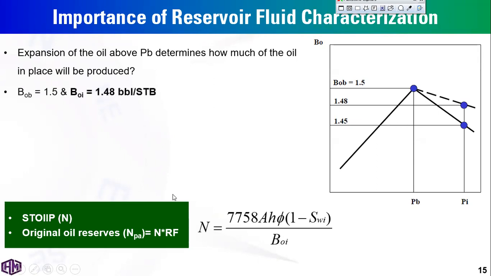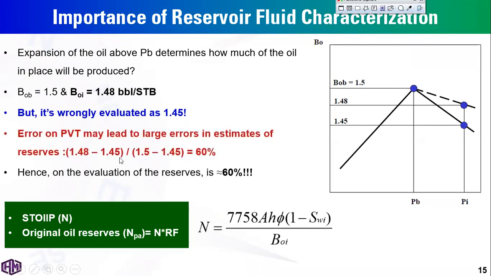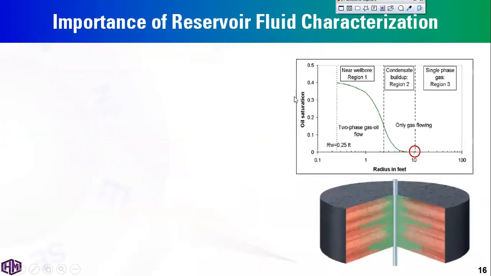In this example, the correct initial oil formation volume factor is 1.48, but let's assume it is wrongly evaluated as 1.45. This error in PVT data will lead to a large error in reserve calculations of about 60%. So that's why the PVT data are critical and very important for different petroleum engineering applications.